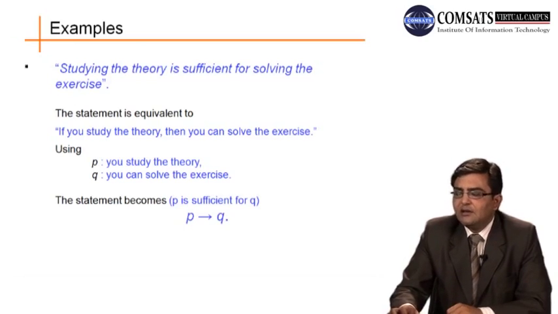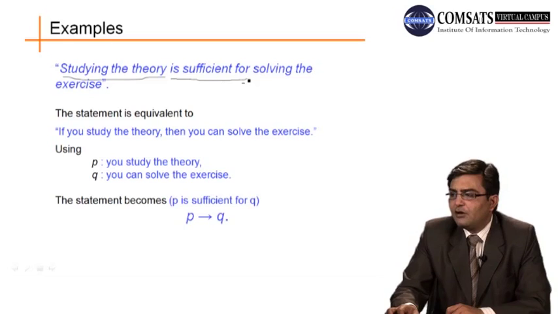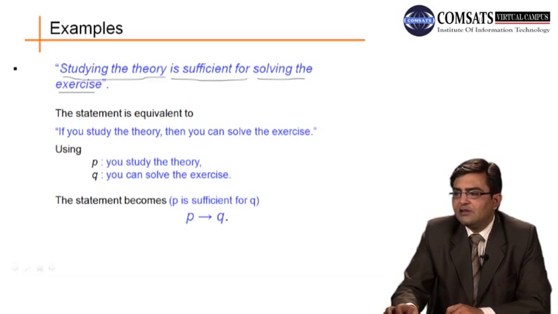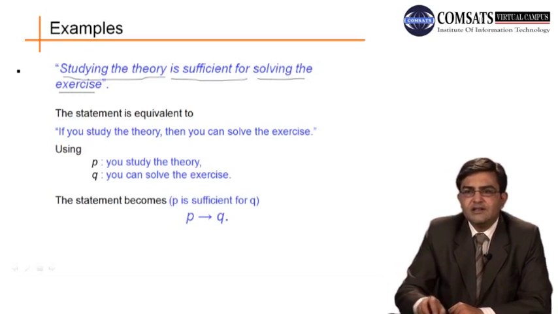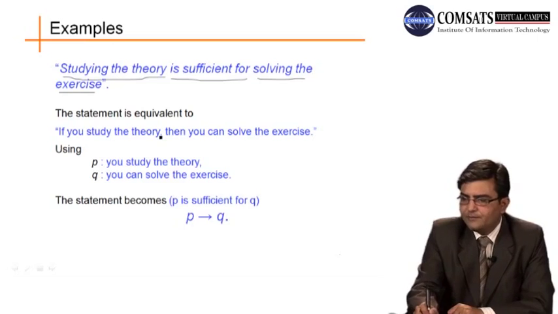So this is somewhat the same example, but it is written in a different manner. There is a condition also in this statement. Studying the theory is the hypothesis, the condition in this statement, is sufficient for solving the exercise. So what is the form of the conditional statement which is used here?